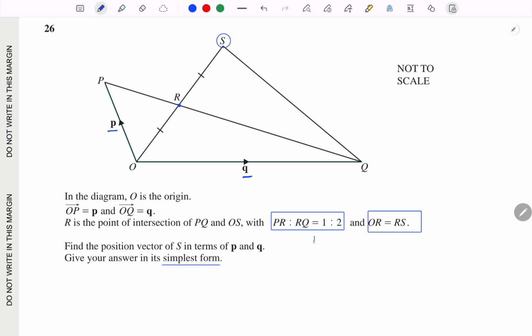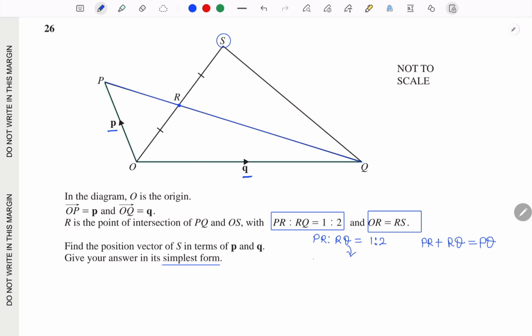We have PR ratio RQ is equal to 1 is to 2. If you see the diagram closely, you will see PR plus RQ is PQ. So from here I can write, if I add these two parts, 1 plus 2 will give me 3.